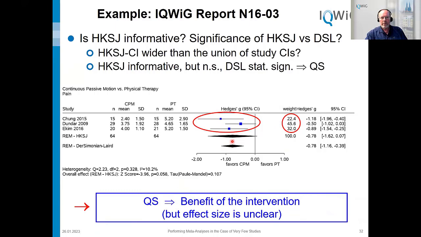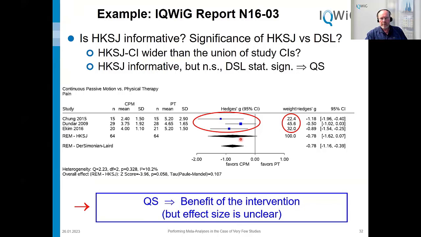And here we use the concept of conclusive effects. Here we have conclusive effects because we have 2 significant studies, and the majority of weights is from the significant studies. So based on the concept of conclusive effects, we say yes, we can conclude that there's a benefit of the intervention, but the disadvantage is the effect size remains unclear.